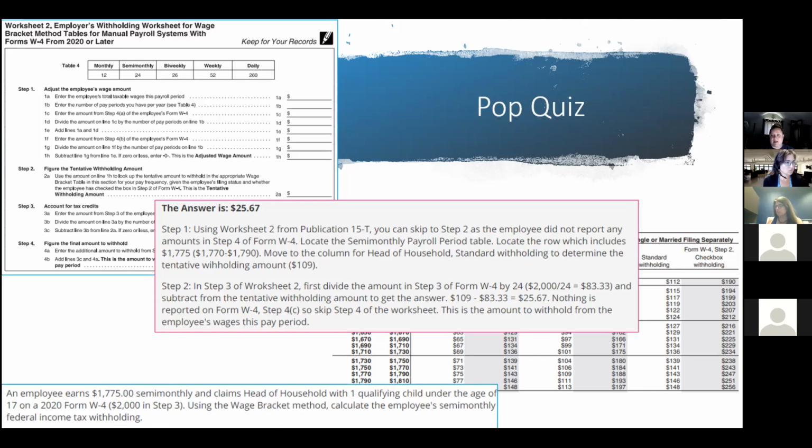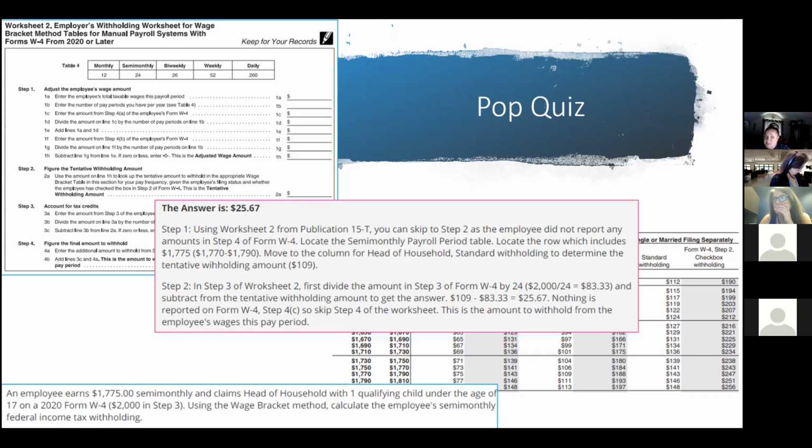We'll see that tomorrow. And that's the other thing with the new W-4, that's the whole point, is it's an annual form. So you're saying $2,000, that's an annual child credit. That's not a per pay period child credit. So that's why they annualize things. So we'll look at it tomorrow, but they do give you enough information.